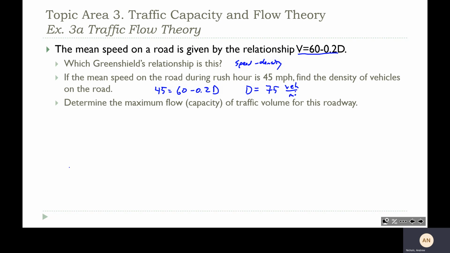And then the final one, determine the max flow for this roadway. That's going to be our VM, which was SF times DJ divided by 4. So how do we determine what SF and DJ are?